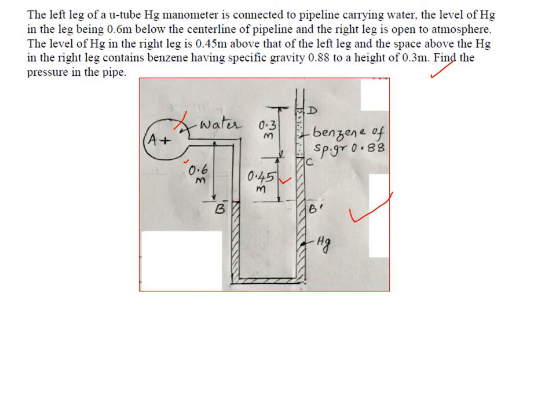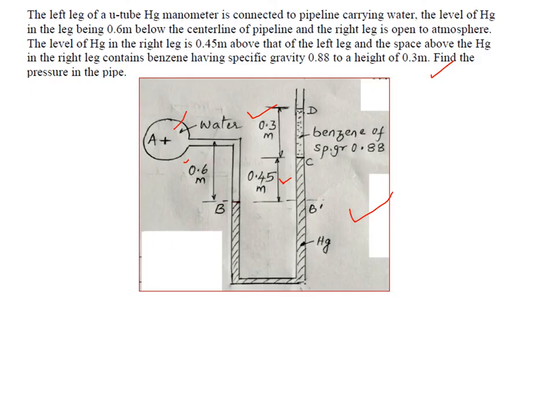Above point C, that is above mercury, there is benzene of specific gravity 0.88 of height 0.3. Once again, this is one continuous liquid, so the pressure at B has to be equal to the pressure at B dash.